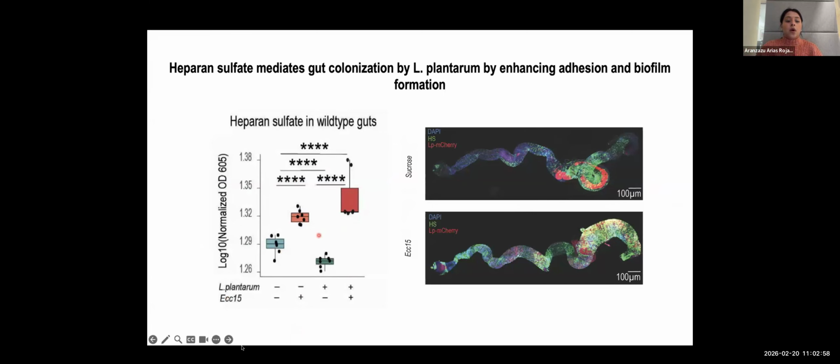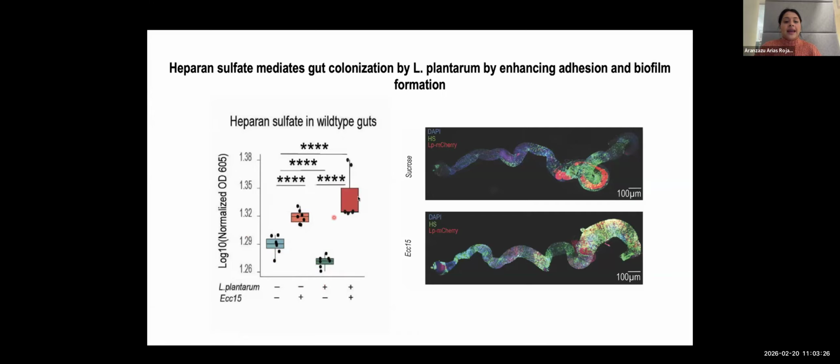When we have normal guts without any treatment, we have a normal baseline of heparan sulfate synthesis. Then when we infect those flies, we have a boost in the production of this glycan. When we only colonize, we don't have activation of the heparan sulfate pathway.